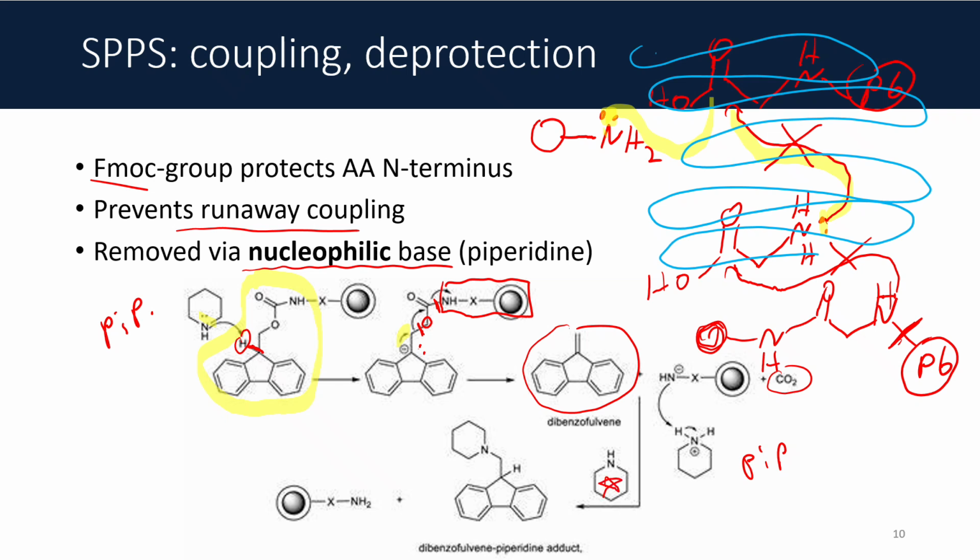And this isn't really crucial, but the dibenzylfulvene and the piperidine will react together into this giant thing that's really easily flushed out. And that chemistry will involve more nucleophilic type reactivity. But the important thing here is piperidine was able to very easily remove that entire FMOC protecting group.